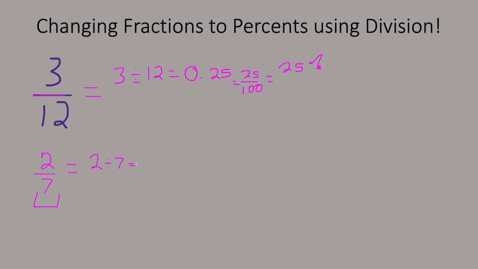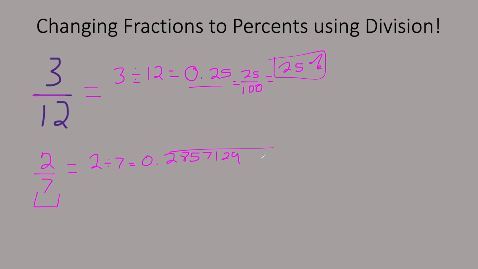And you'll notice that it doesn't come up with a very neat problem like this one here, so that it ends in the hundredths place. This is going to be 0.2857129, and it just keeps going. Okay, so it repeats, keeps going.